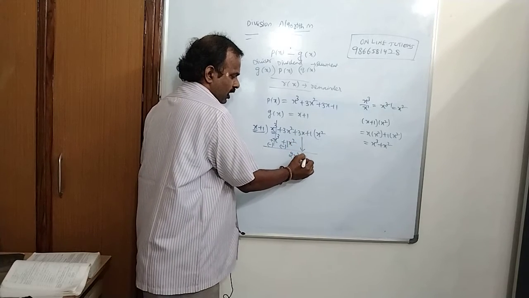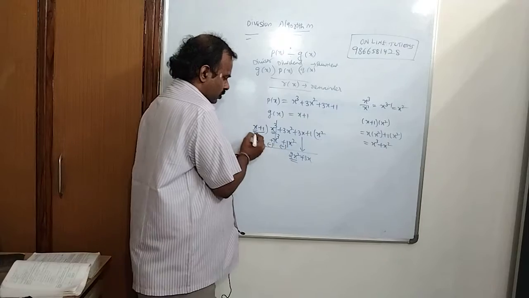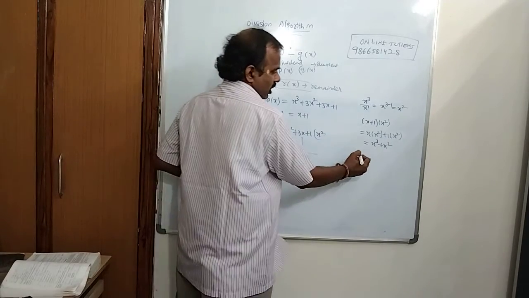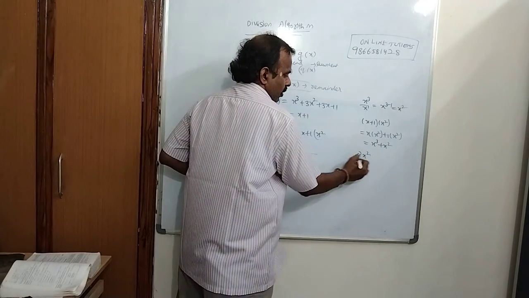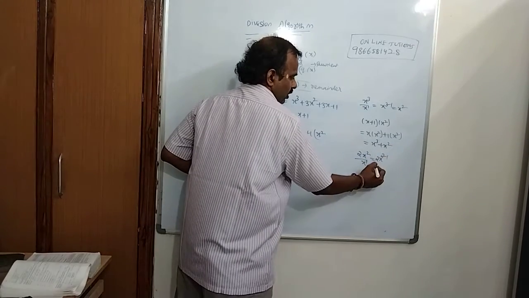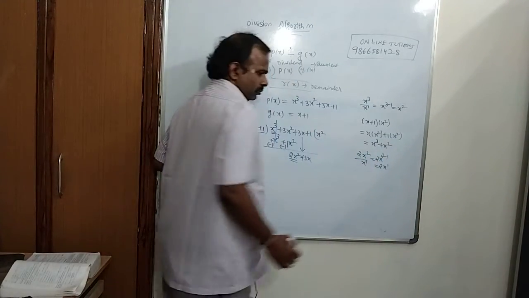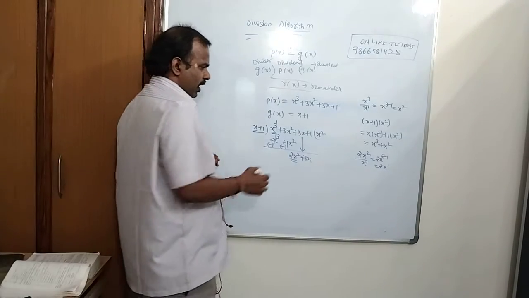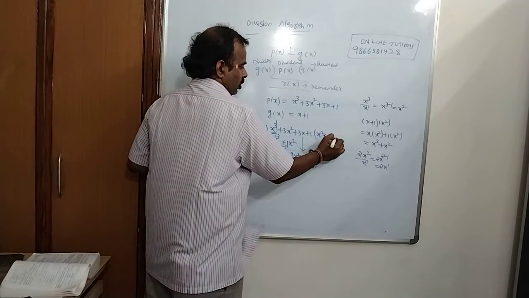Bring this 3x here. Now divide 2x square and x once again. 2x square by x, 2x power 2 minus 1, that is 2x.